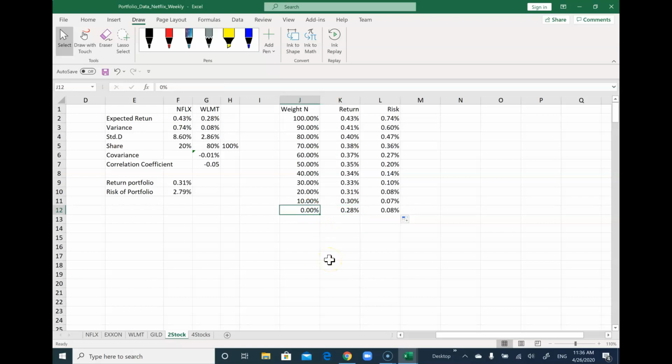so when you put all of your money in the Walmart stock, your rate of return is at 0.28%, risk is 0.08%, right? Then when you put 10% of your money in the Netflix stock and 90% of your money in the Walmart, your rate of return actually goes up from 0.28 to 0.3, and your risk actually falls from 0.08% to 0.07%, right?